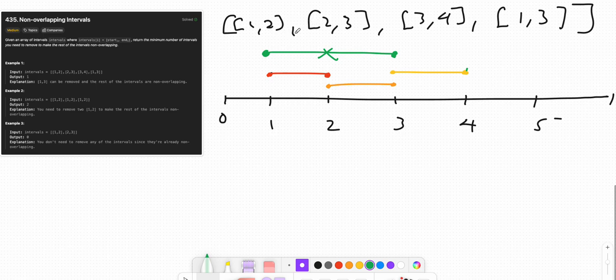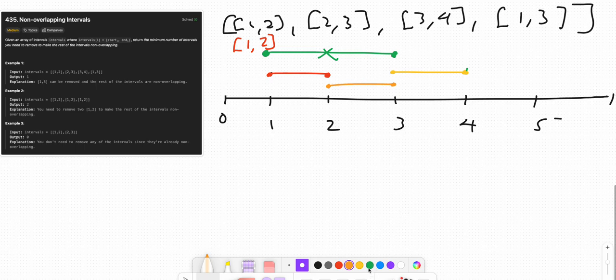So it will be best if we sort it by actually the end values, which will be, so red will be 1 to 2. If we sort it by the ends, right, 1 to 2, and then the next one is 2 to 3, the last one is 1 to 3.